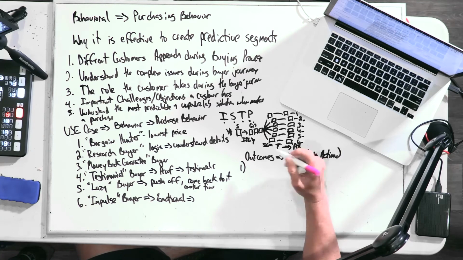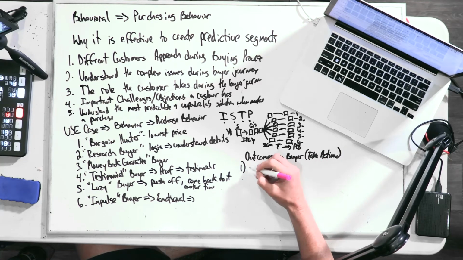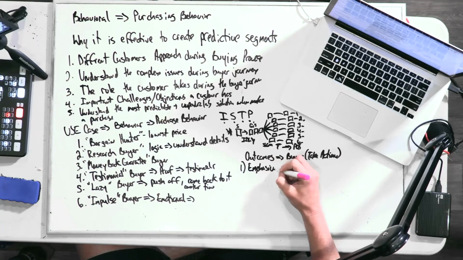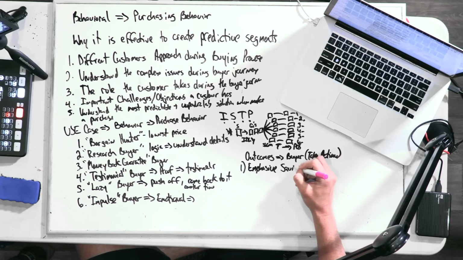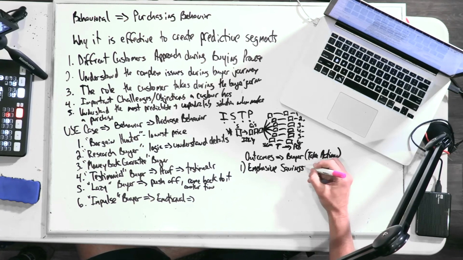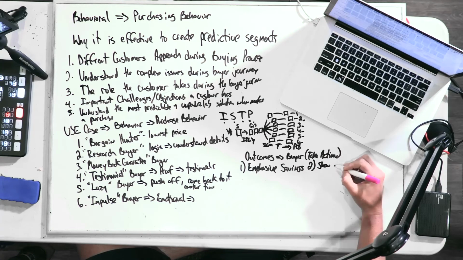On the first one, for my bargain hunter, I'm going to make sure I emphasize savings. I'm going to reassure this price-sensitive buyer that they are getting a good deal, right? I'm going to show the real price.